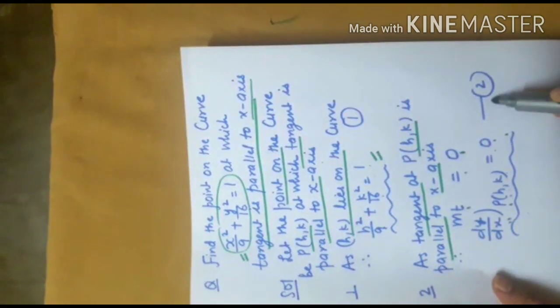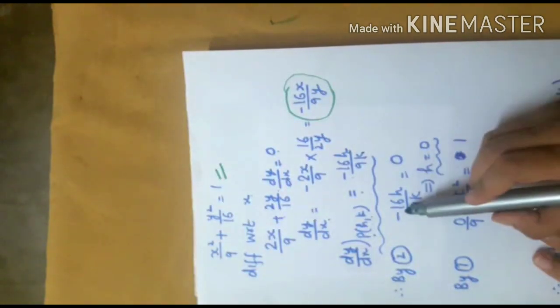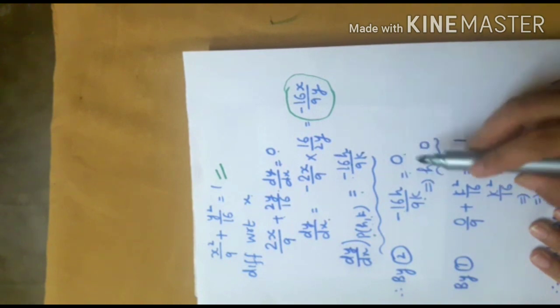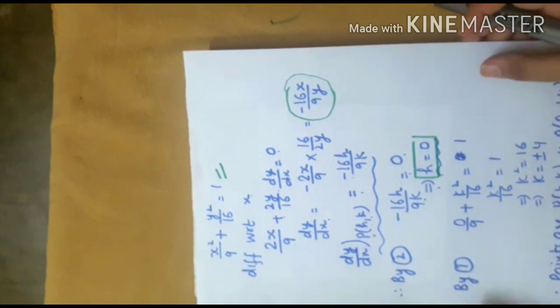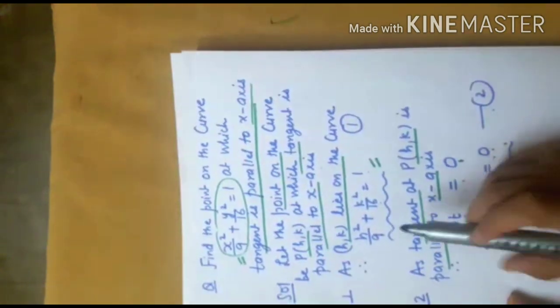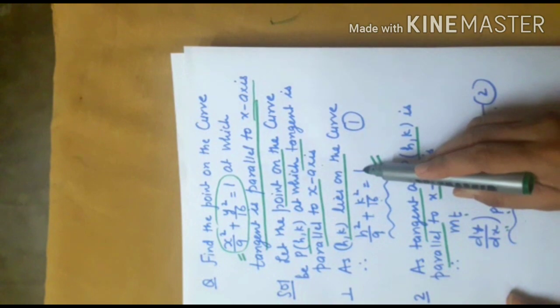By second relation, value of derivative at h, k is 0. So, we will get minus 16h over 9k is equal to 0. And this will imply h is 0. Right? Now, I want the value of k. By equation 1, we have h square over 9 plus k square over 16 is equal to 1.